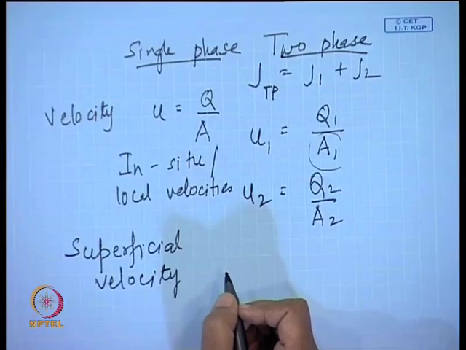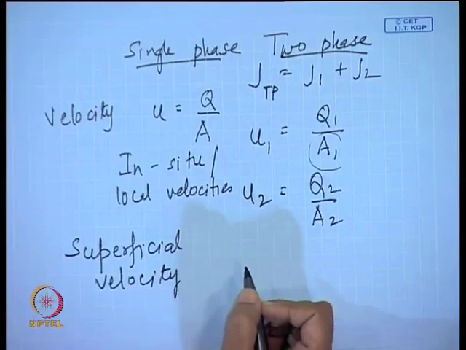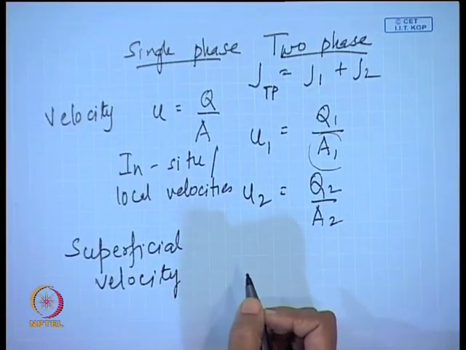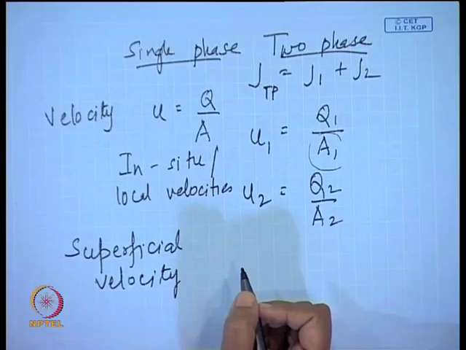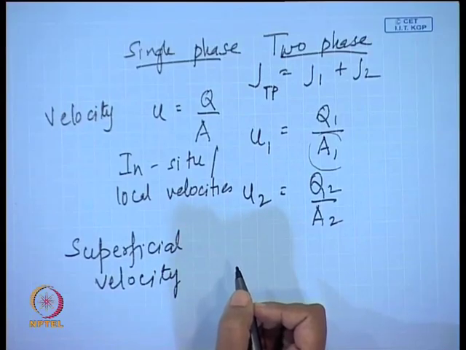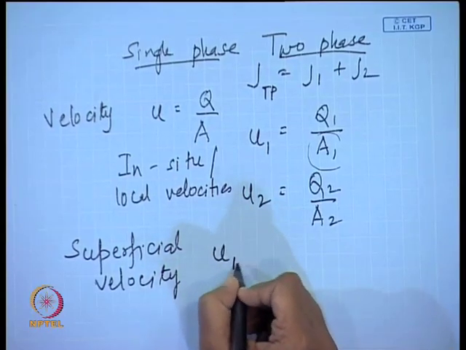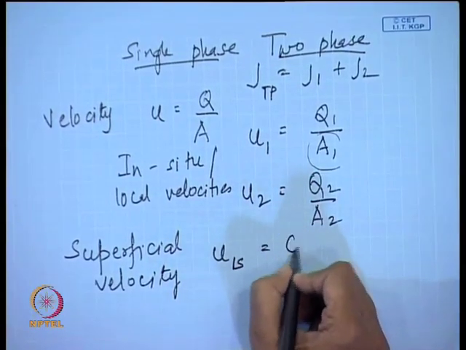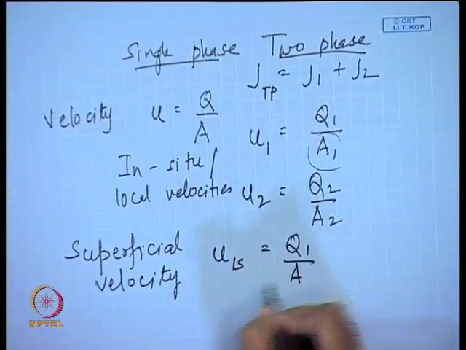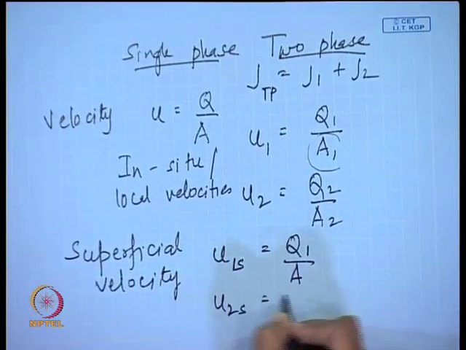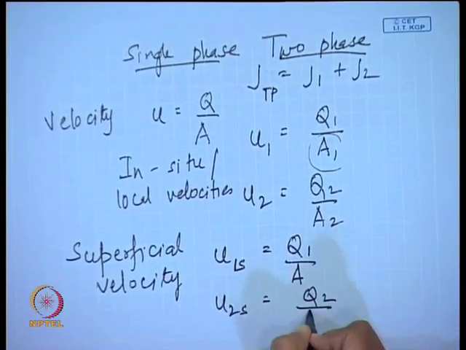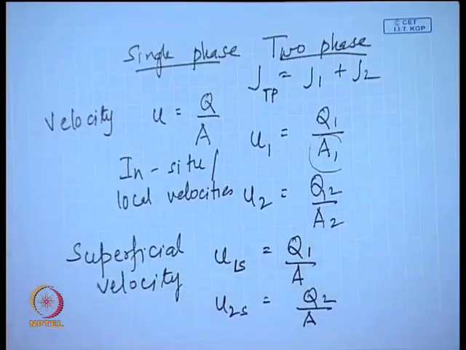So when we talk of the velocity, say air and water are flowing, we always mention that the superficial velocity of air is say 1 meter per second, the superficial velocity of water is say 0.5 meters per second, where we define the superficial velocities as q1 by a, and q2 by a.